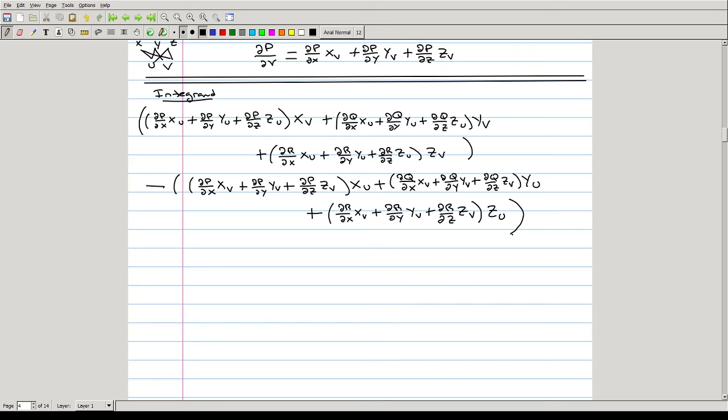And you might say, whoa, this is not going to simplify at all. There's no actual hopes for simplification here. But you'd be wrong if you think that. If you cleverly think about what this long summation is, you'll find some really nice cancellations occur. Specifically here, you've got dp/dx times xu times xv. Is that going to be canceled anywhere? Sure enough, this term right here is dp/dx xv times xu.